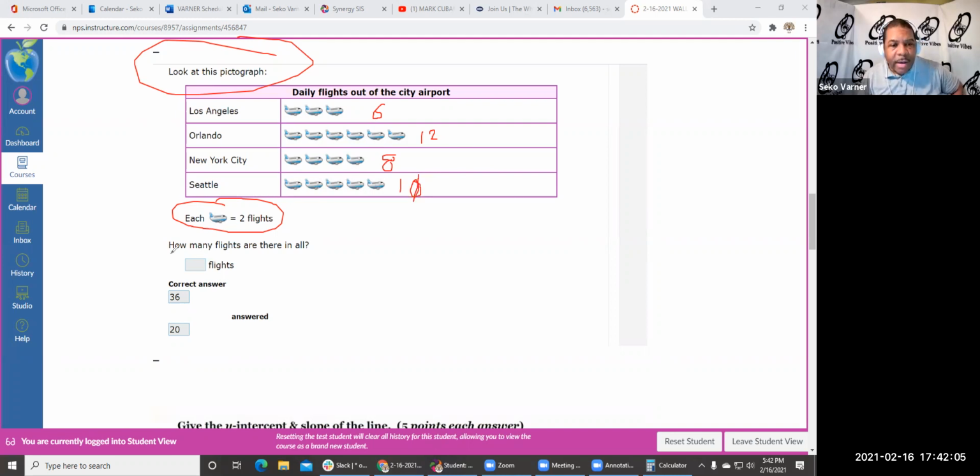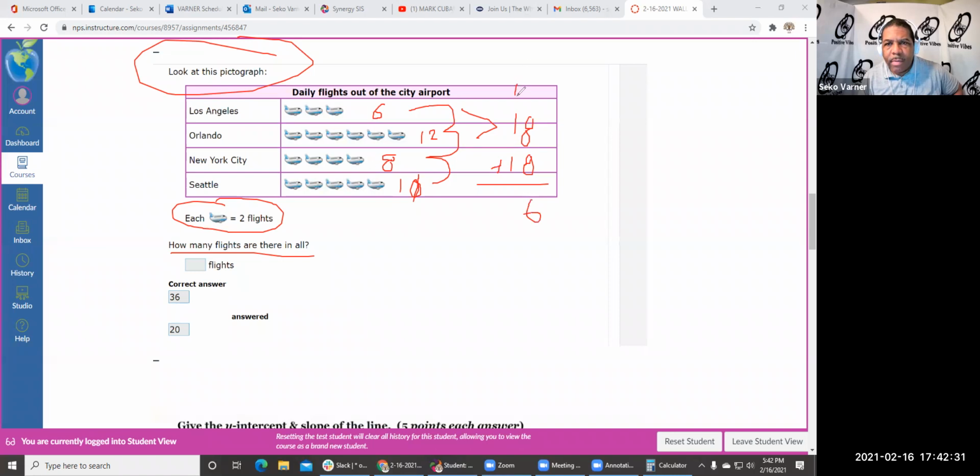Okay, all right, how many flights are there in all? So I'm going to add 6 plus 12 plus 8 plus 10. If I do this, 6 and 12, that's 18. Then I can add 8 and 10, that's 18. 8 plus 8 is 16.